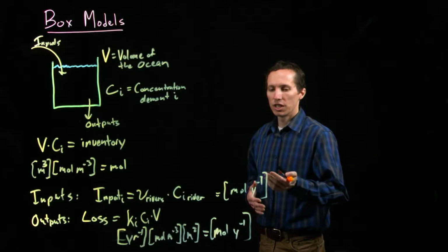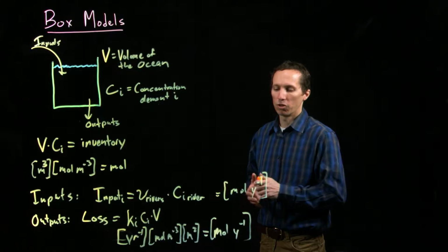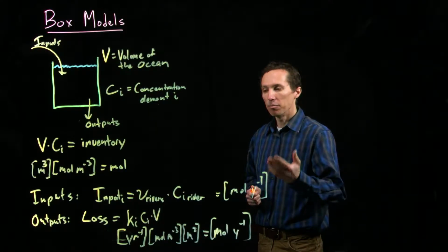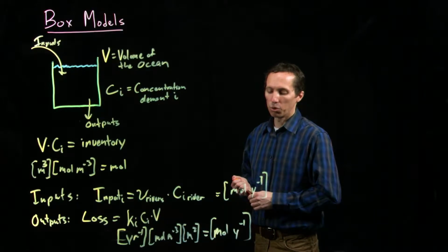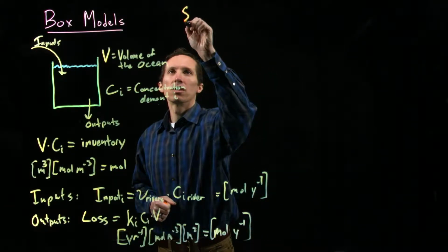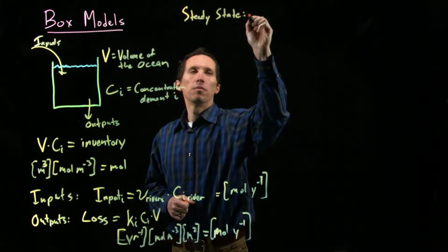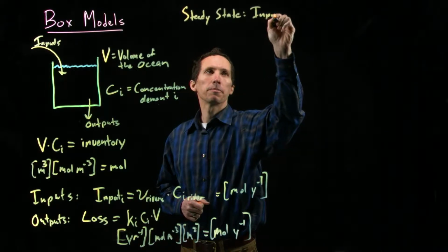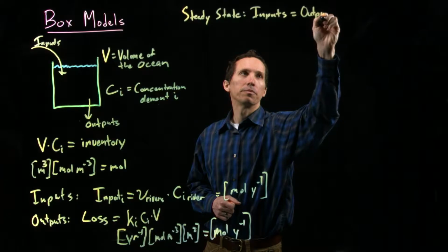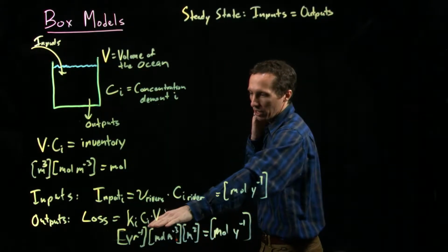And as such, since the concentrations of many elements are stable over long periods of time and have been, that means that the inputs are essentially equal to the outputs. And so that's our steady state assumption. So steady state means inputs equals outputs. So in other words, this term is going to equal that one.